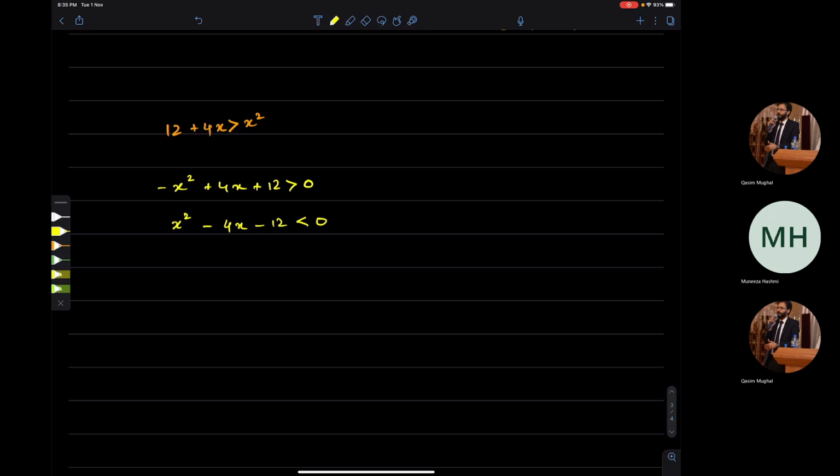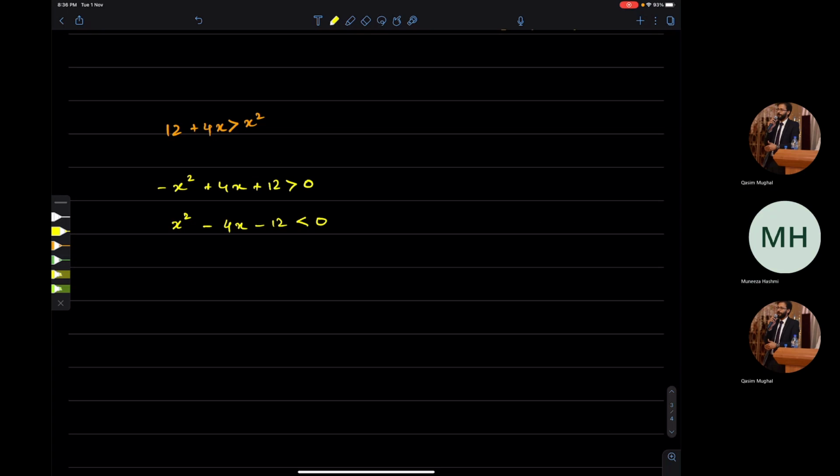When it's greater than, the solution is less than the smaller number and more than the larger number. But if it's less than, then it's between the two roots, the way you've written it down at the end. Yes, sir.